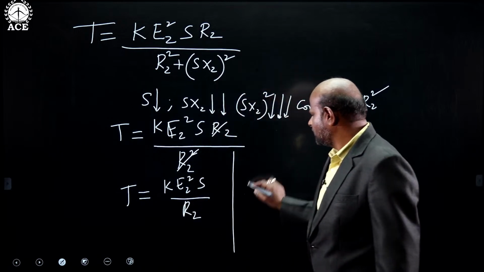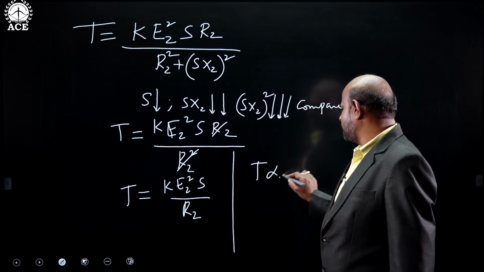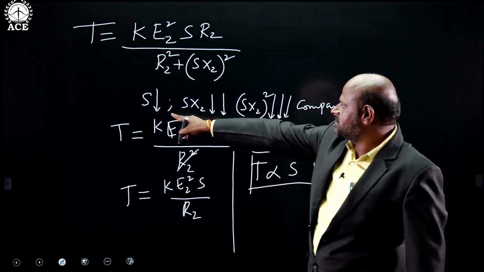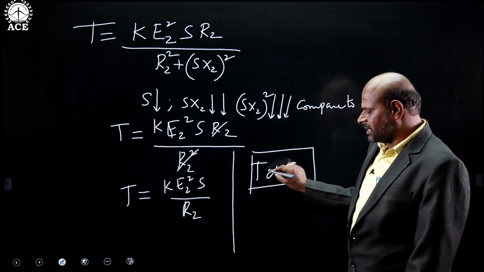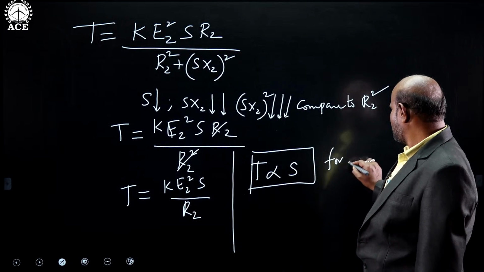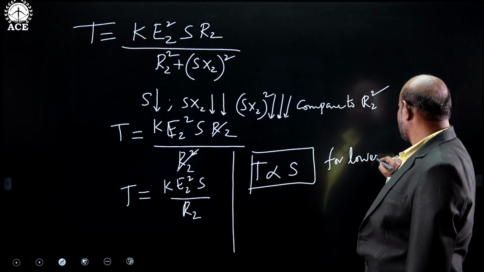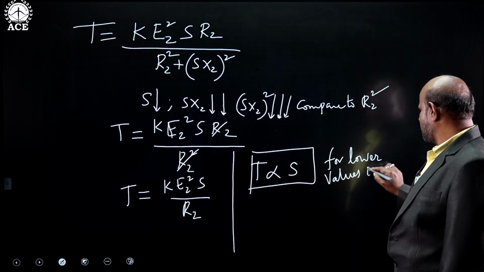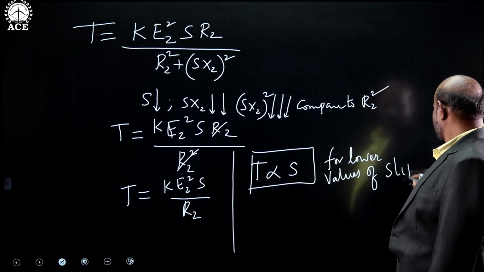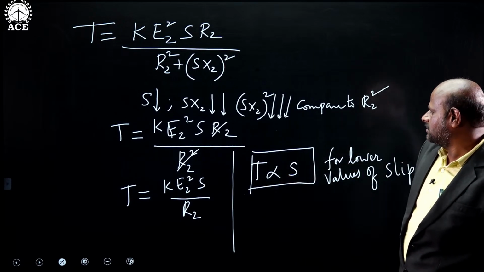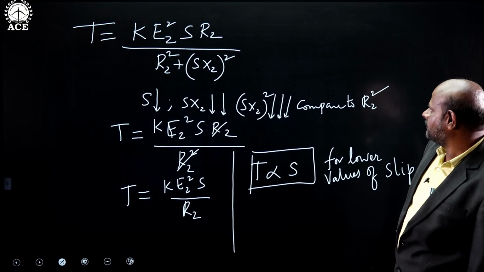From this, torque is directly proportional to slip. When S is small, for lower values of slip, torque is directly proportional to slip. This is the first case.